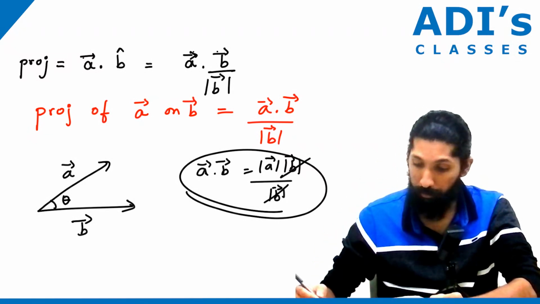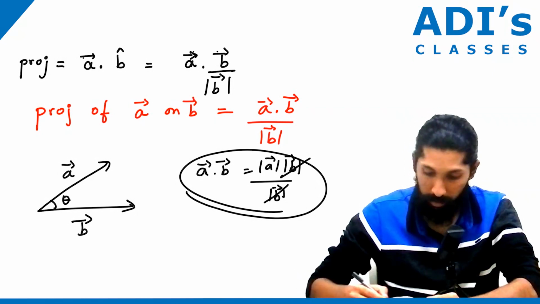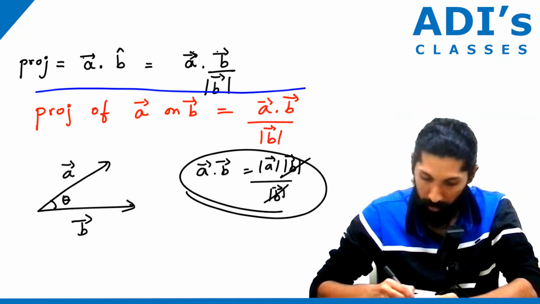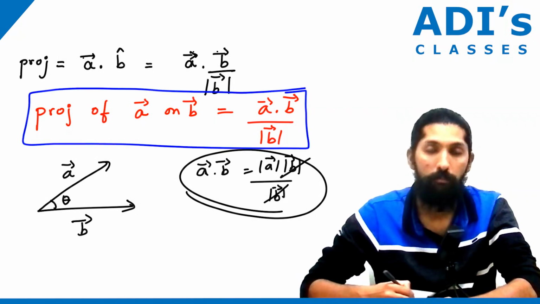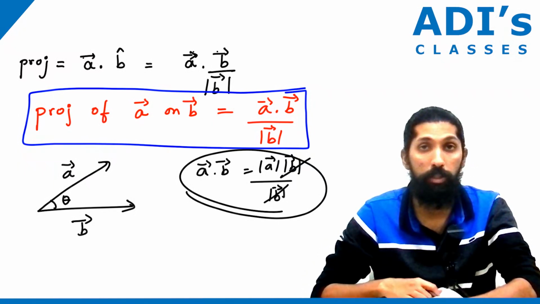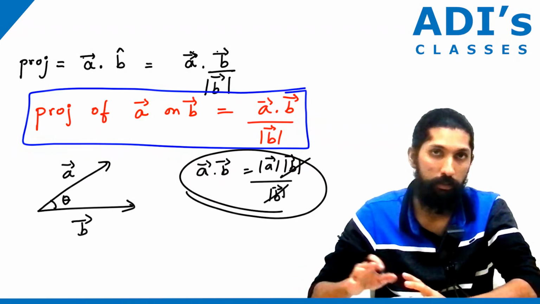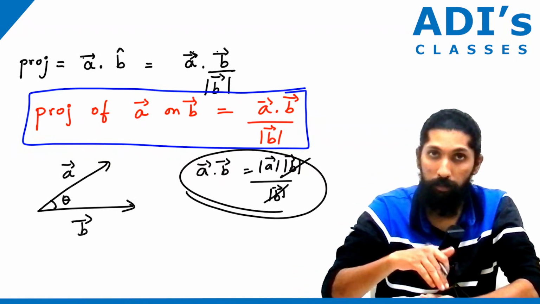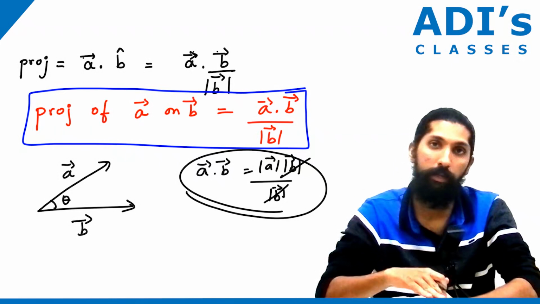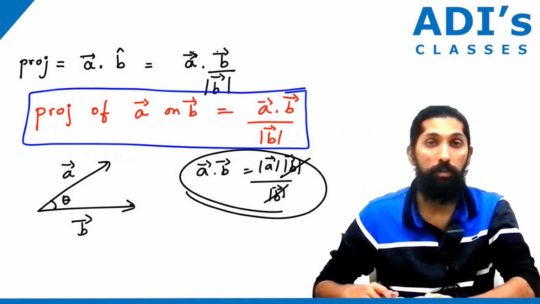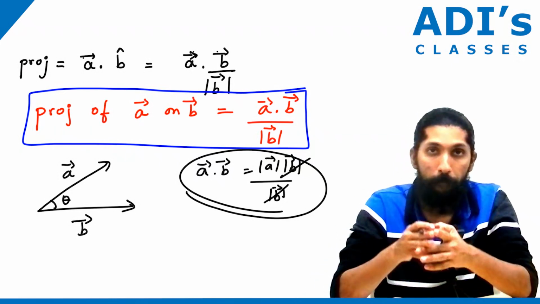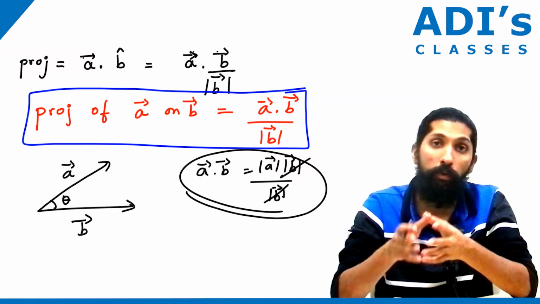The formula for the projection is given by this. Suppose they say projection of B on A, it is the same thing, A dot B by mod of A. On whichever vector you project, that comes in the denominator. Clear? So this is about projection of one vector over another vector.